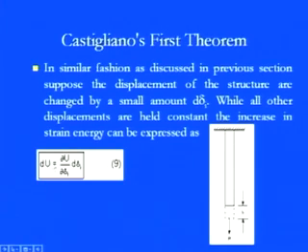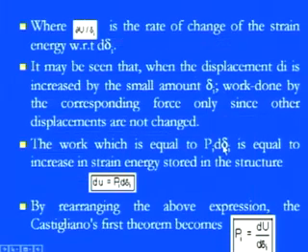So the increase in strain energy is dU, and del U by del delta is the rate of change of the strain energy with respect to that small deformation.